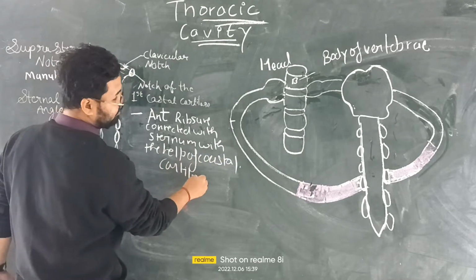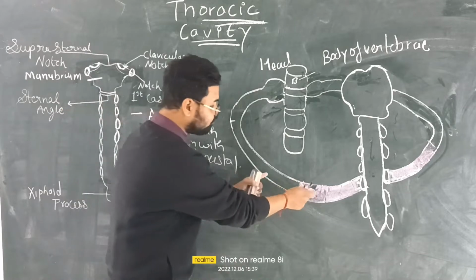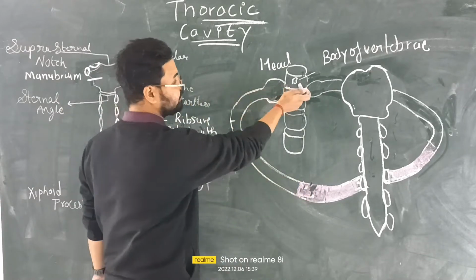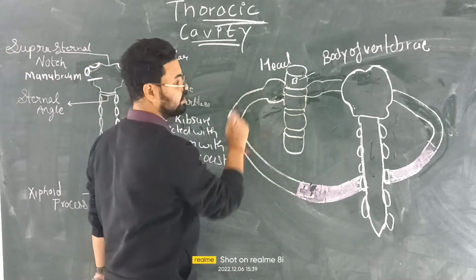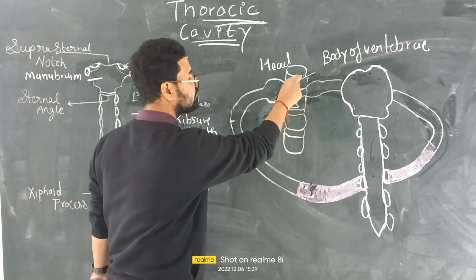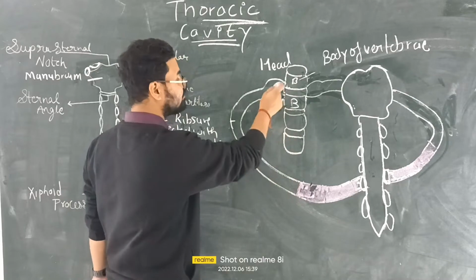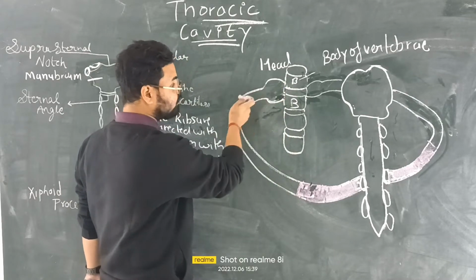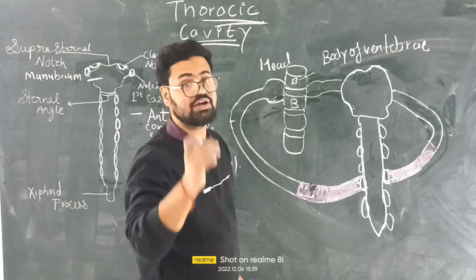See here in this diagram, posteriorly it is connected with the body of the vertebra. This is the body of the vertebra, and this is the rib. So posteriorly it gets articulated.